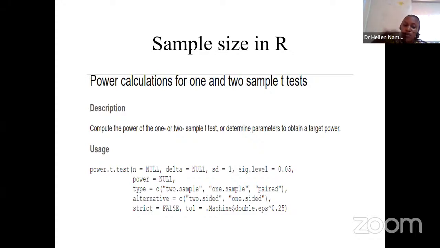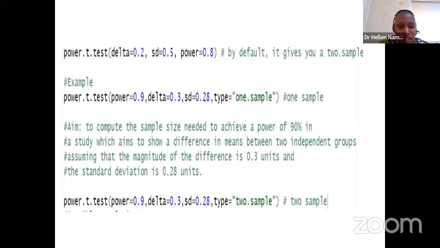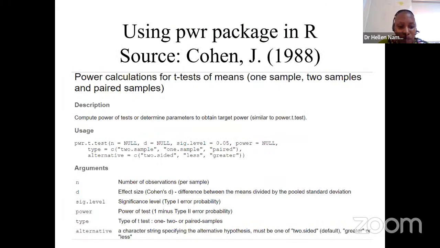You can use them, or you can pick what you want to use and then remove the rest. And then the type, you can also indicate: is it a 2 sample, is it a 1 sample, or is it a paired sample? Do you want to use it with the alternative, that is what you're testing? Is it 2-sided, or you want it to be 1-sided, etc. So I think we can move on to R and then do more practice.